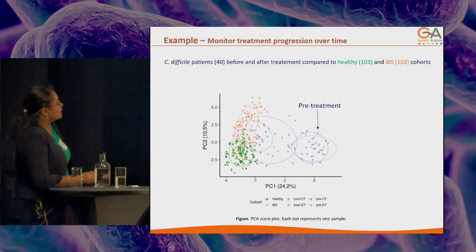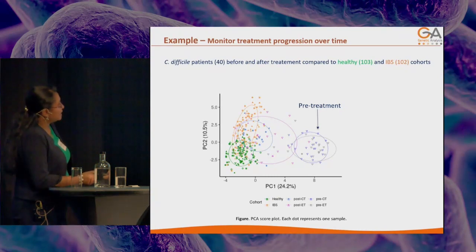This is a usual PCA plot, and here are the C. difficile patients before treatment. We can see that the gut microbiota of the C. difficile patients are quite different from the healthy, shown here in green, and also from the IBS, shown here in orange.